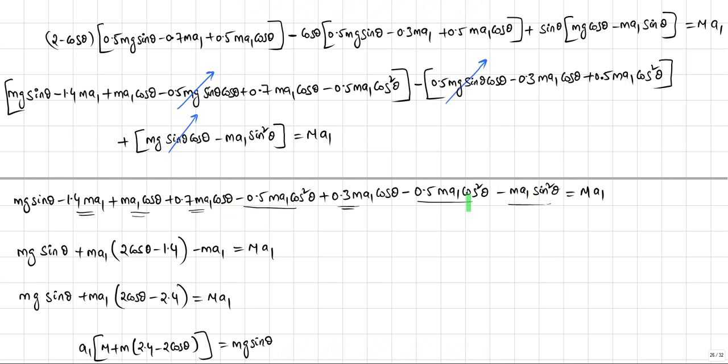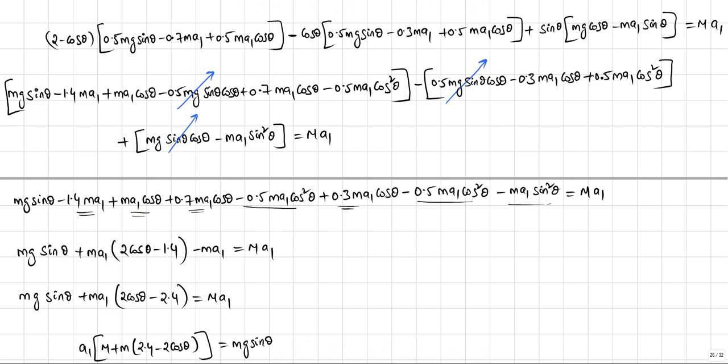It will be minus m a1 cos square theta and minus m a1 sin square theta. If we take minus m a1 common, it will be sin square theta plus cos square theta, which is 1. So it will be minus m a1. And from the remaining equation, we get mg sin theta. And if we take m a1 common from the remaining terms, we get 2 cos theta minus 1.4.